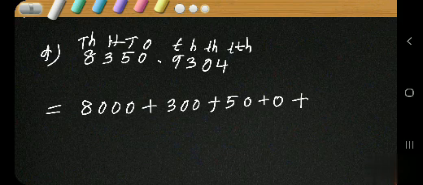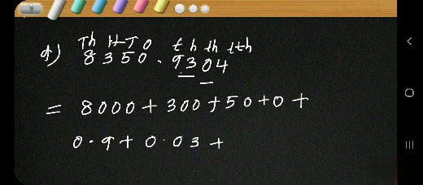Now consider the decimal part. The first place, tenths place, 9 is the digit there. So the place value of 9 is 0.9, first place in the decimal part, 1 decimal place. Next comes 3, second place in the decimal part, hundredths place, 2 decimal places, 0.03. Next comes 0.